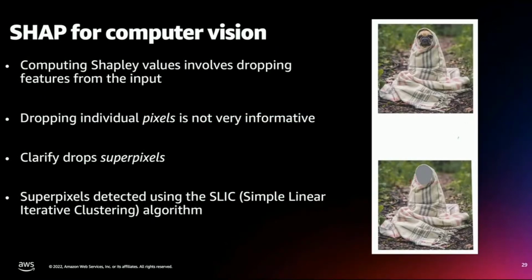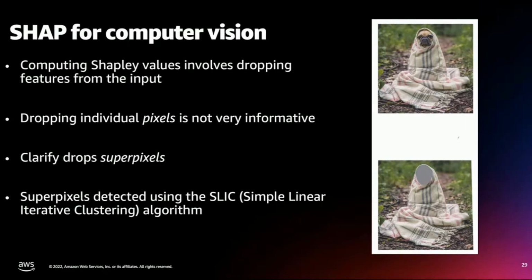All right. Well, hopefully this was educational. And now we would like to look at how to apply the same SHAP algorithm to computer vision. So you could see the image here of a pug wrapped in a blanket or a scarf. And let's say this model is predicting for this image to contain a pug. Well, what are the features of the image?